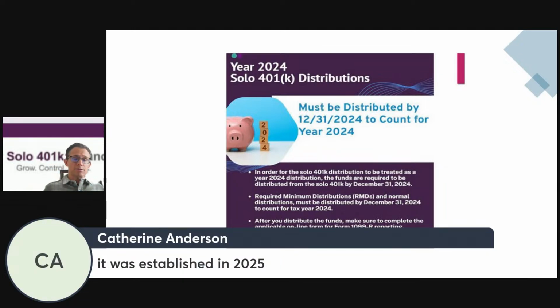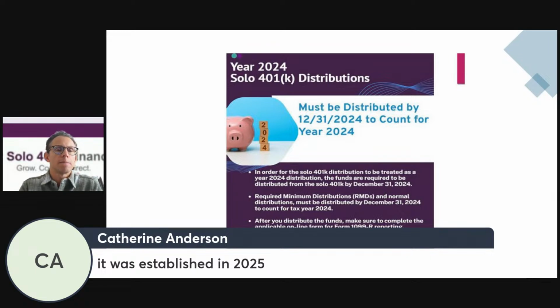Oh, it was established in 2025. So that means that you opened the plan here in 2025 by signing the plan document, because the effective date of the plan is determined by the date that you receive and then sign those plan documents. So if you didn't receive plan documents until 2025, and therefore you didn't sign them until 2025, then you can make employer contributions as well as voluntary after-tax contributions.